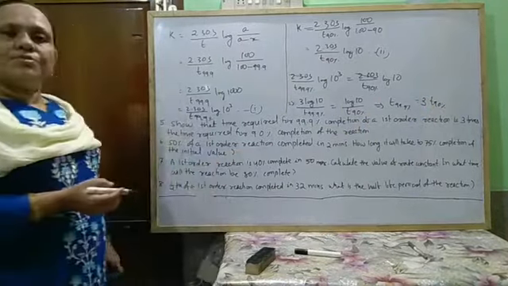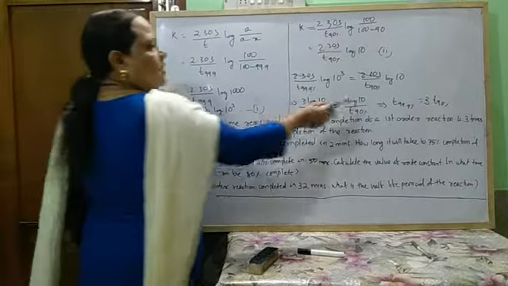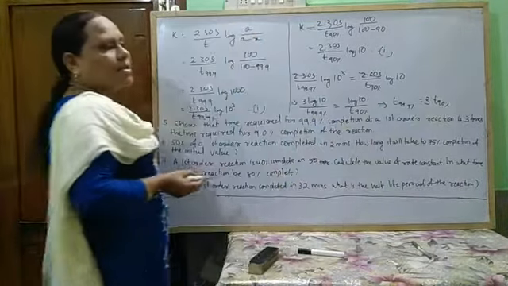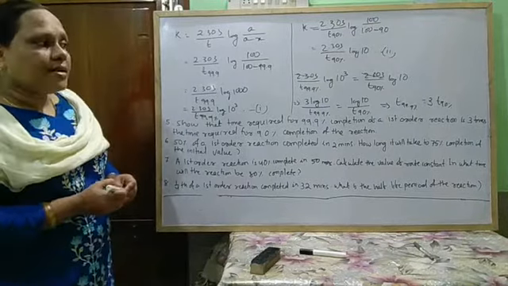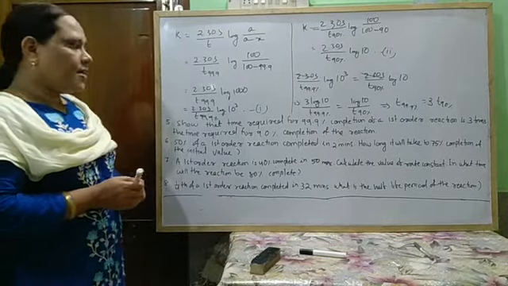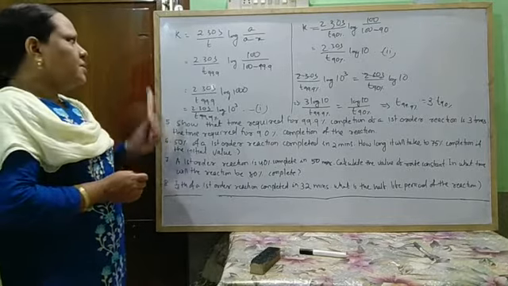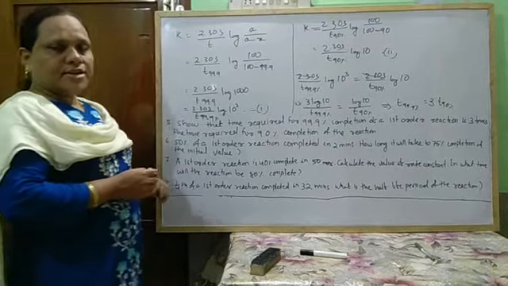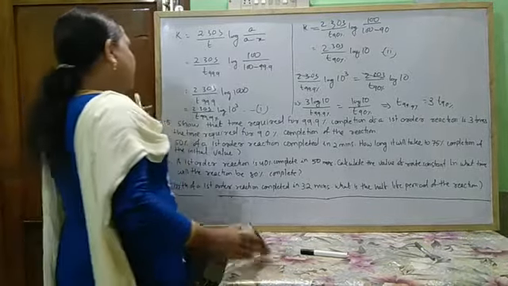Okay, so this is proved. T(99.9%) equals 3 T(90%), three times the time taken for 90% completion. In this way, many relations are there that you have to prove.